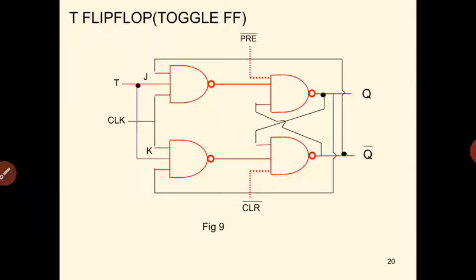This is the operation of T flip-flop for different input combinations, that is T is equal to 0 and T is equal to 1. When T is equal to 0, that means J is equal to 0 and K is equal to 0, so Qn plus 1 will be equal to Qn. And when T is equal to 1, that is J is equal to 1 and K is equal to 1, then Qn plus 1 you will be getting as Qn bar.